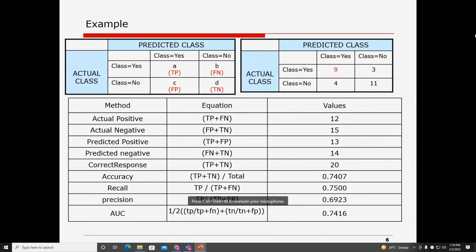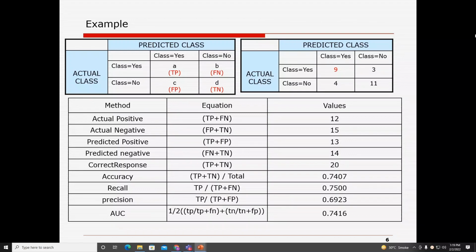True positive 9. 9 upon 9 plus 3, that is 12. So 9 upon 12 is how much? This is called recall. Is it okay? 9 upon 9 plus 3.